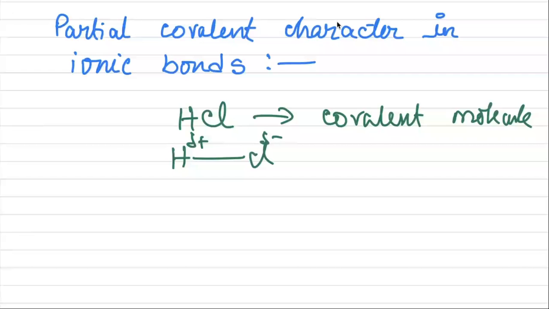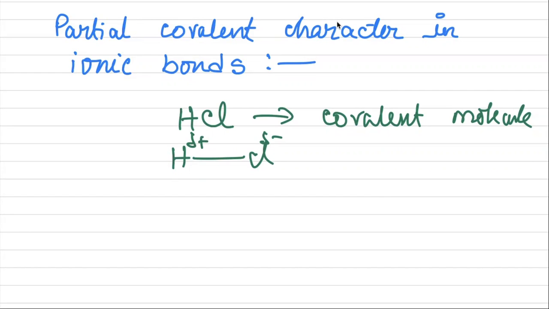That means it somehow contains ionic character too. Even in the case of purely ionic compounds, in some cases some degree of covalent character will be there. So this is actually the polarization.